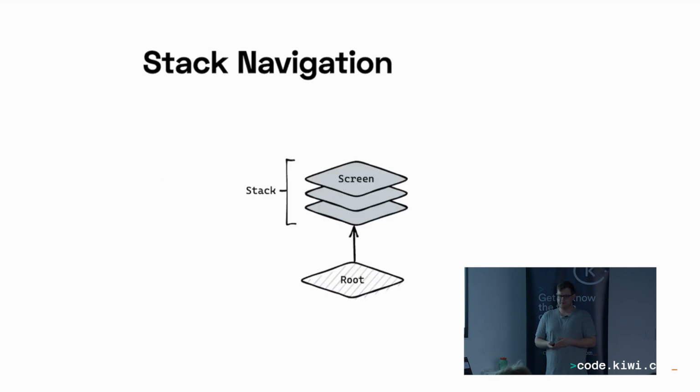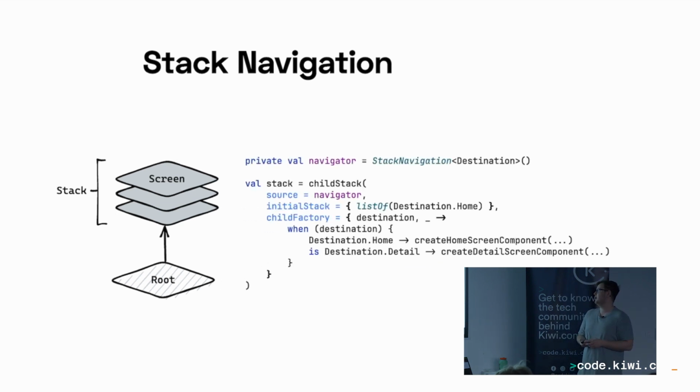So let's move over to stack navigation. Stack navigation works by creating a child stack in Decompose, and you get a navigator with it. Navigator is some object that can operate on this child stack, and it can basically mutate its state.